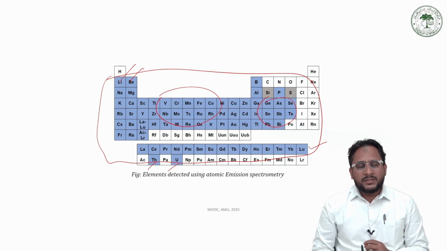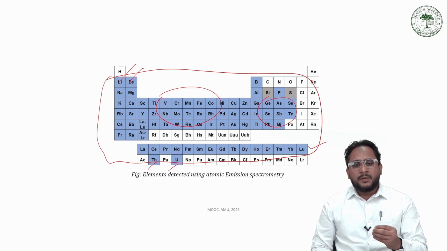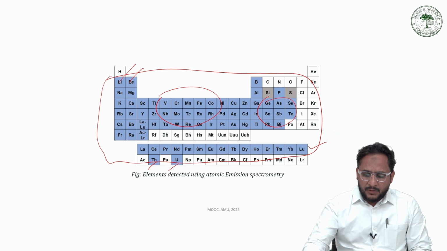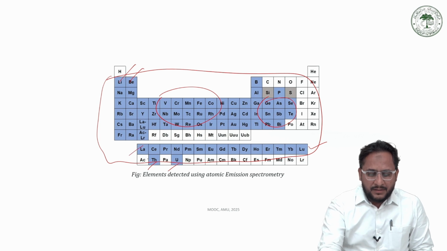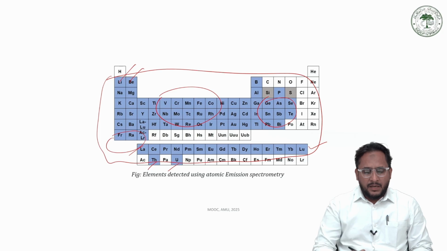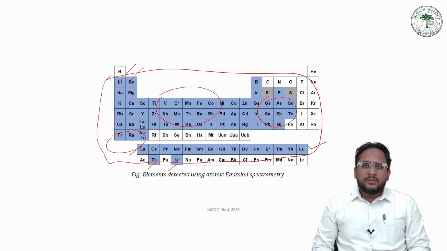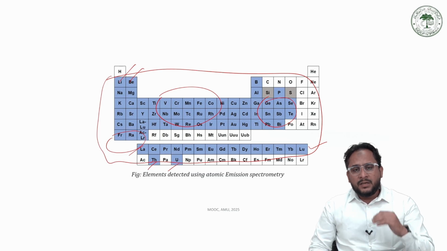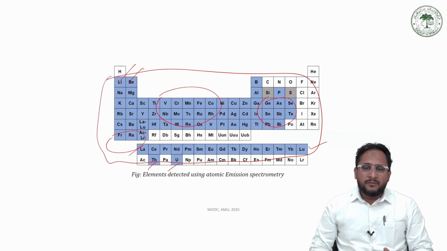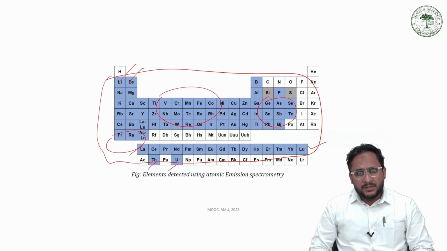Someone may ask a question: sir, why can atomic absorption not be used for the analysis of lanthanides and these elements as well as two actinides, while atomic emission can be used? The answer is that since atomic absorption uses low thermal energy only, it has only flame atomizers or graphite furnace atomizers that can provide temperatures of up to 3000 degrees Celsius only.